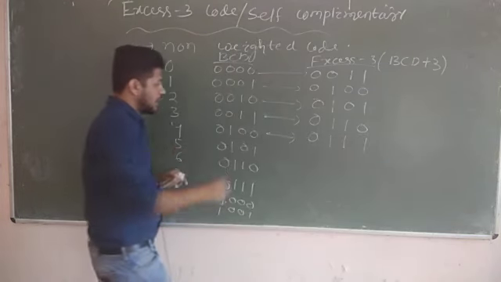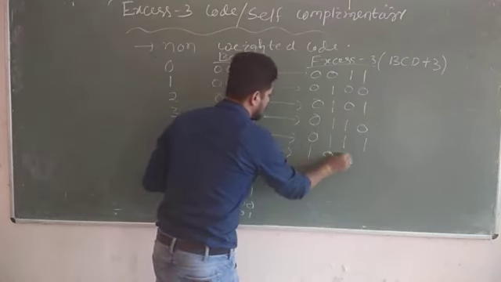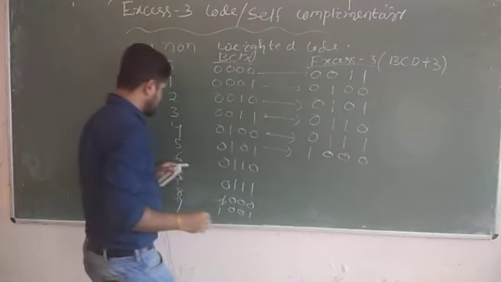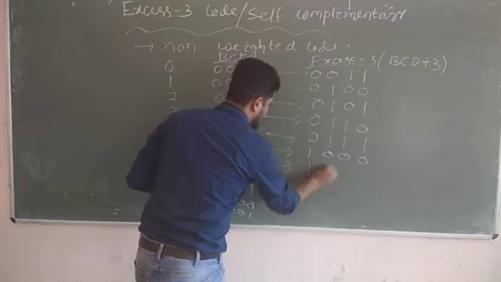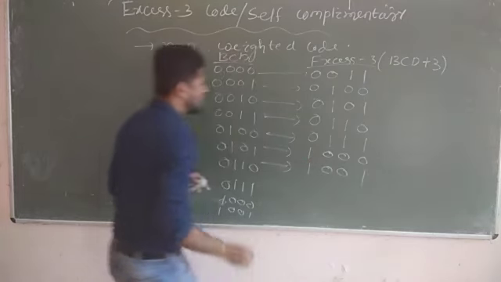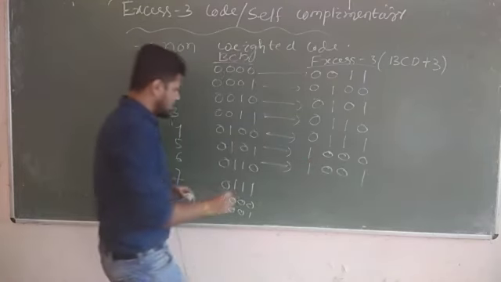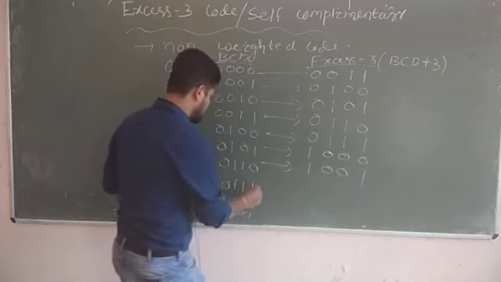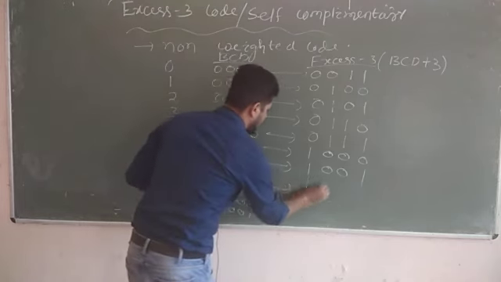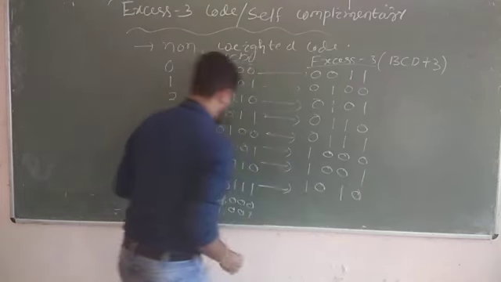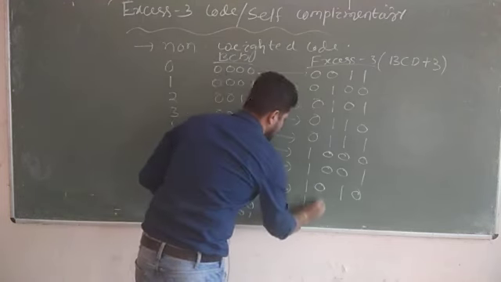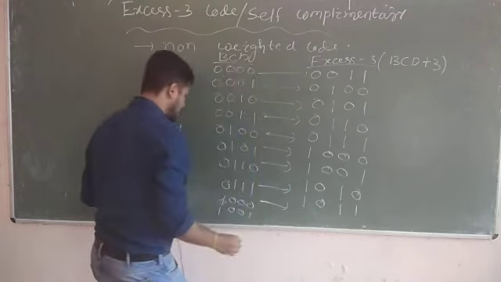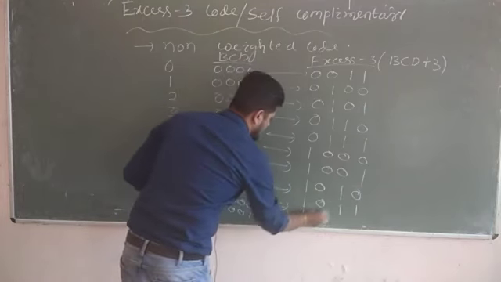Then you have 5. 5 means you have 8, 1 0 0 0. Then you have 6. 6 you can directly write here 9, so 1 0 0 1. Then we have 7. 7 means 10, 1 0 1 0. 8 can be written as 11, 1 0 1 1. Then 9. 9 can be written as 1 1 0 0.